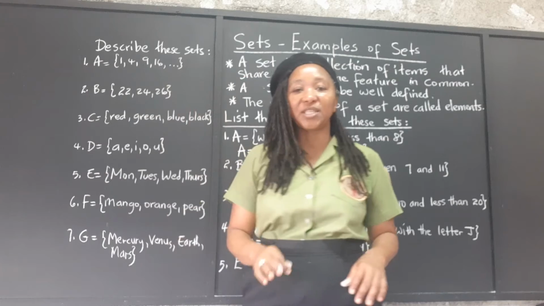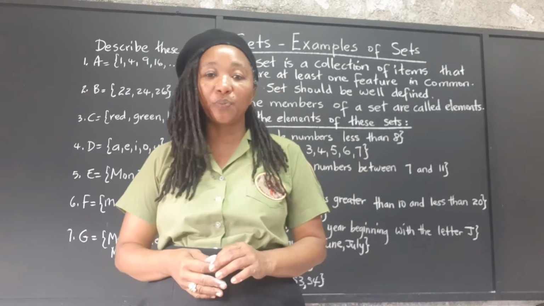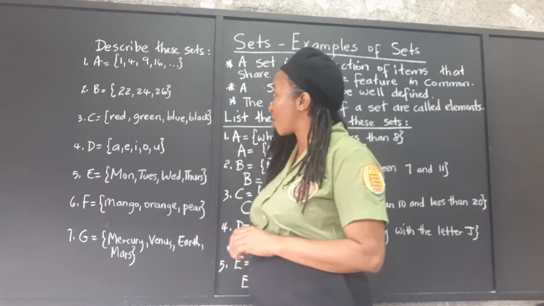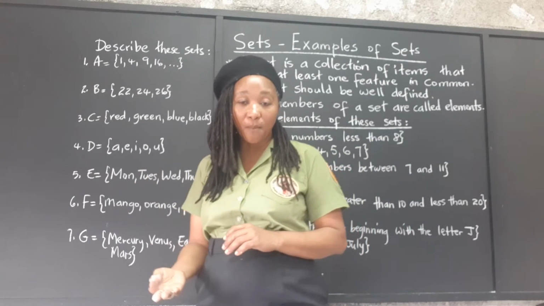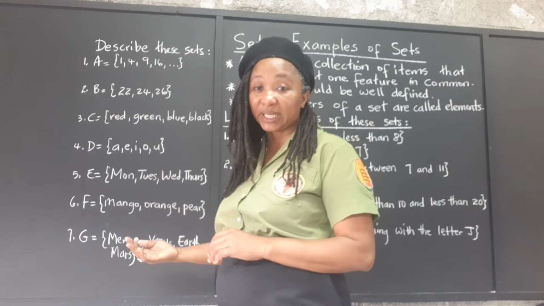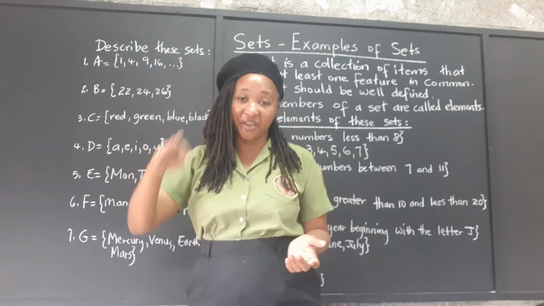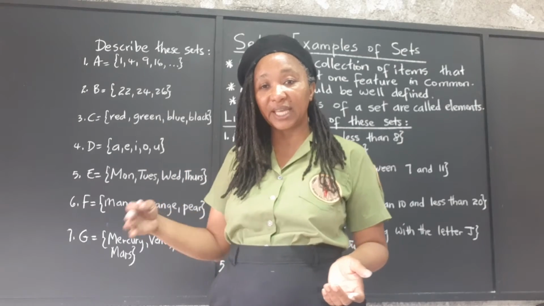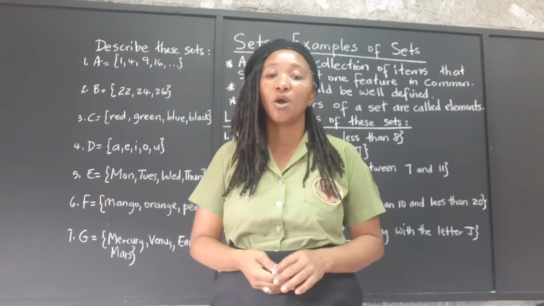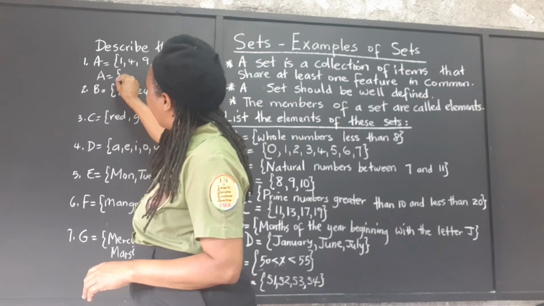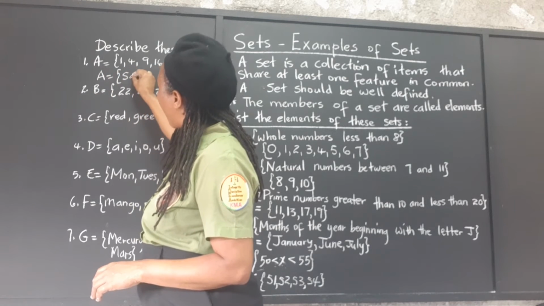If the ellipses were not there, we could be even more specific and say the square numbers from 1 to 16, right? Because the ellipses are there, which indicate that this set continues to infinity, we're just going to say set A is the set of square numbers.